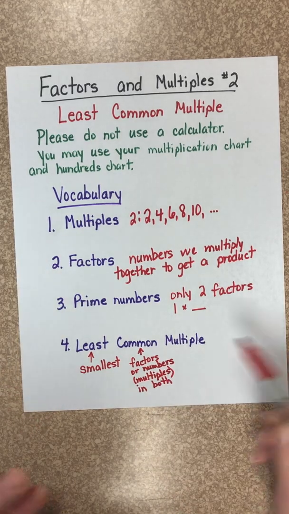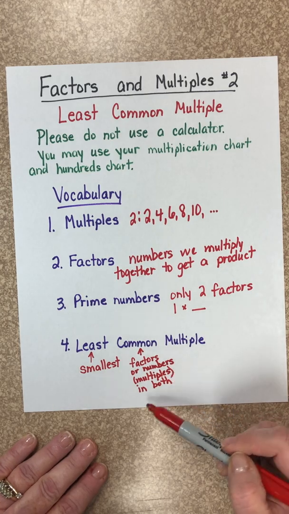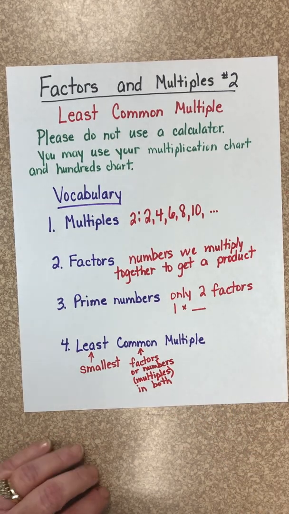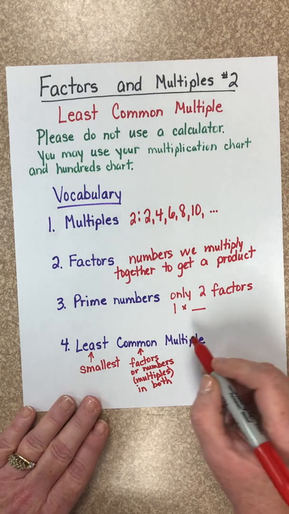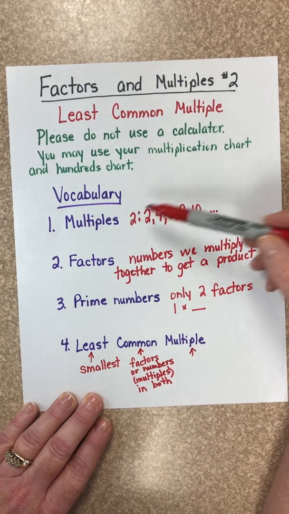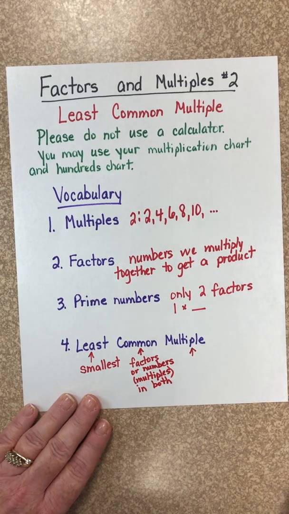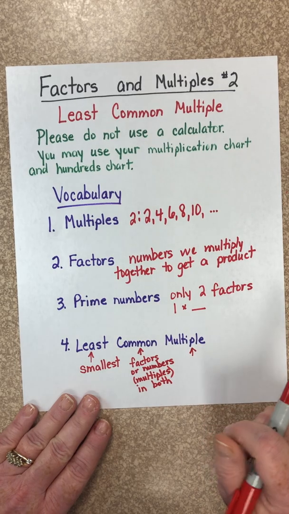So I just added a note that common means that the factors or numbers, and in this case the multiples, will be found in both. And then the multiple, that's like the example I gave up here. It's like 2, 4, 6, 8, 10, 12, 14, 16, and so on.